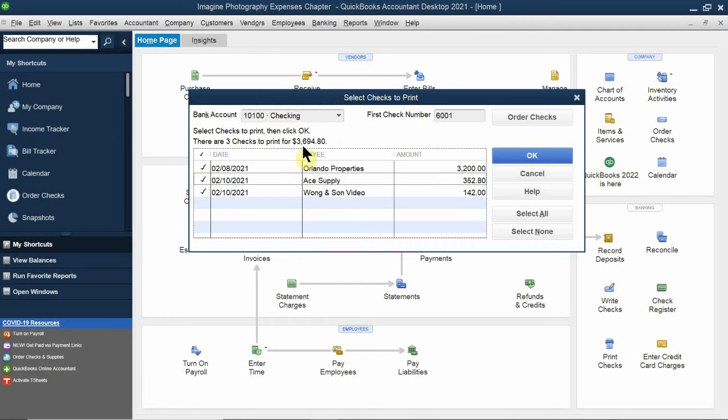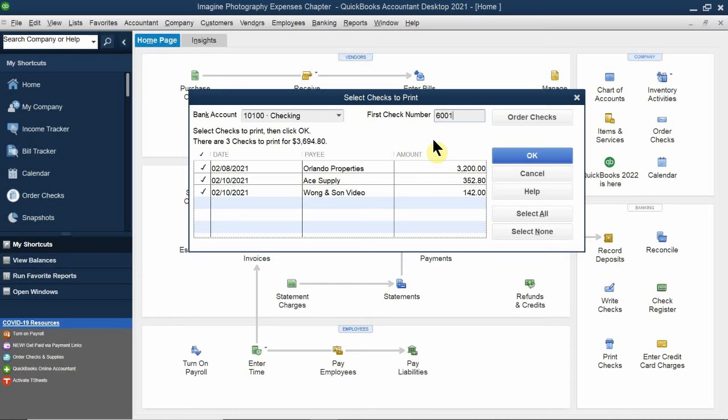And it tells you your account balance here to make sure that you do have enough to pay for all 3 checks, in the amount of $3,000. And then here is where I can assign the check number. Here it automatically creates a series of numbers, starting with 6001. That's perfectly fine.